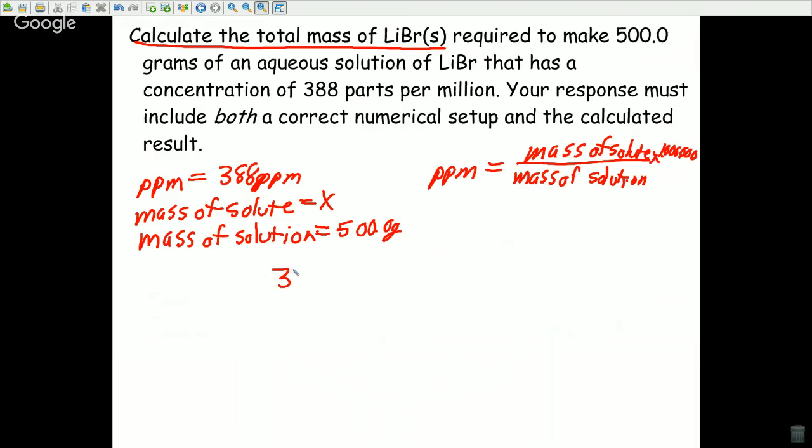So you get 388, excuse me, parts per million is equal to X times a million, which you can do. Makes your life a lot easier because you remember 1,000,000 over 1 is the same thing as multiplying by 1,000,000. So you multiply the two fractions.